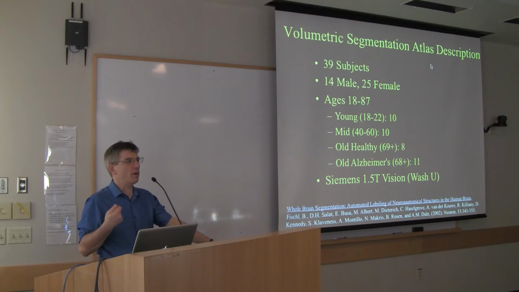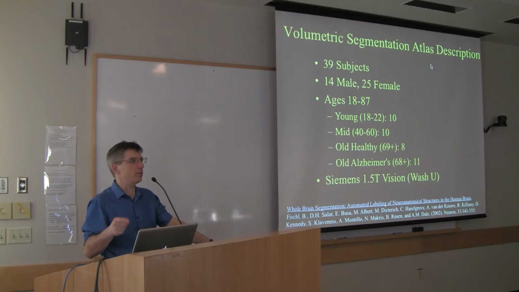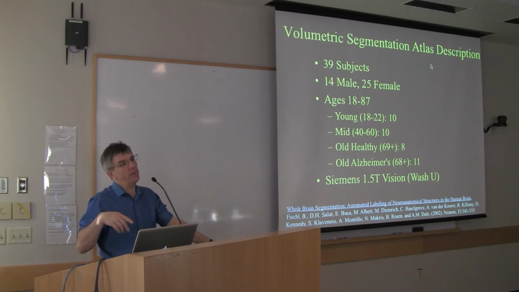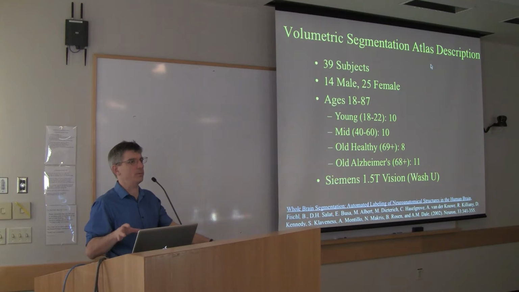Based upon that probability and some other things, including the actual intensity of your individual subject at that particular voxel, and whether, you know, hippocampus is always posterior to amygdala, for example, we take all of that information together along with information from the subject scan, and we apply that.